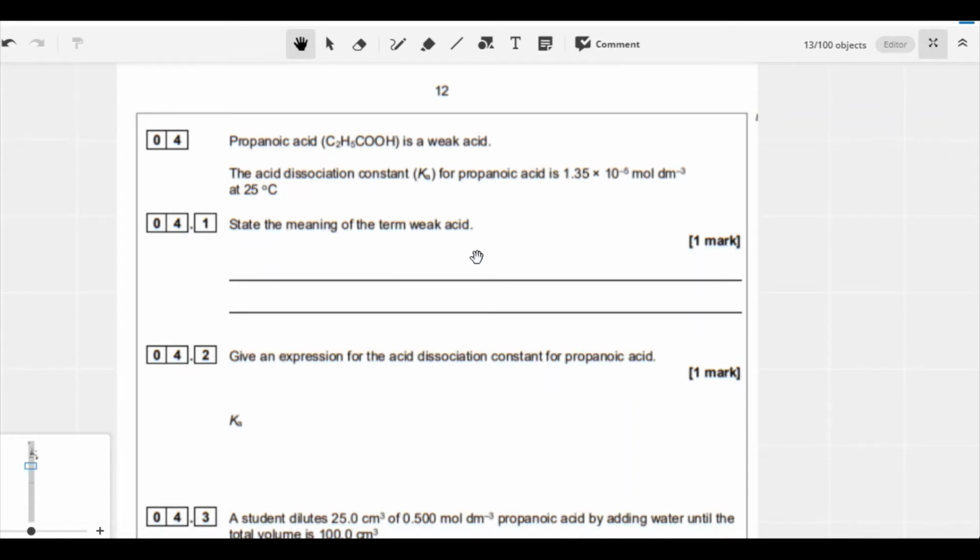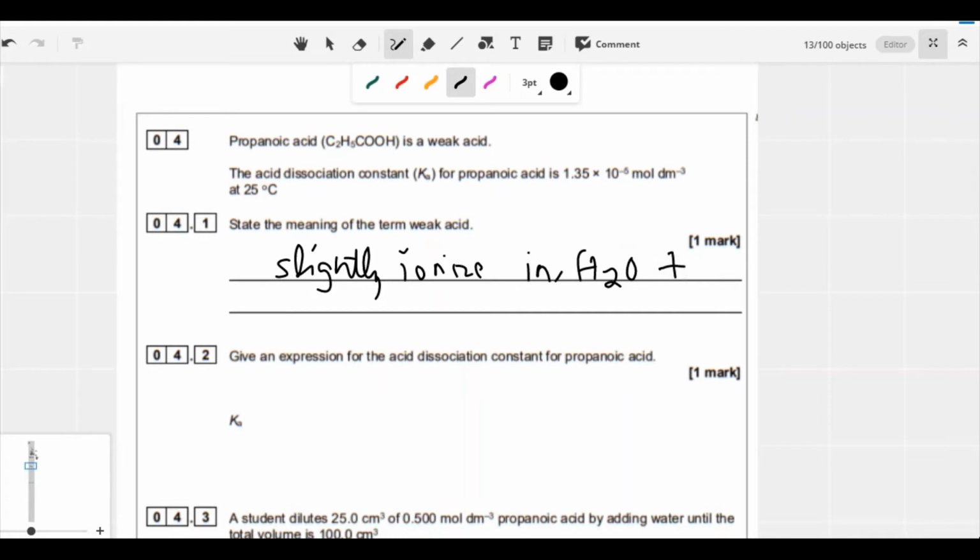As you know, the definition of a weak acid is that it is slightly ionized in water to form hydrogen ions.